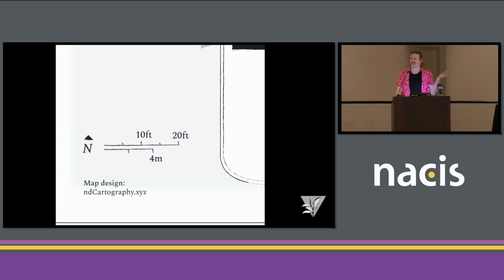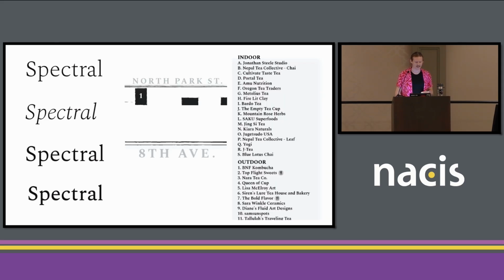And of course, I had to make the north arrow and the scale bar fit the same aesthetic. The font was Spectral, which offered a nice variety of different fonts to use, gave a lot of flexibility for the typeface across the map, and we used the same font at the very edge of the map to detail all of the different vendors.